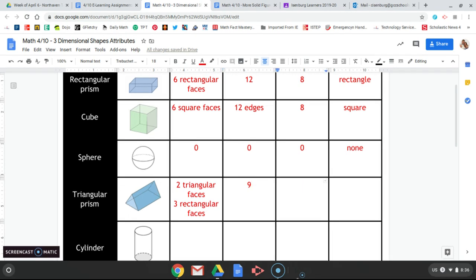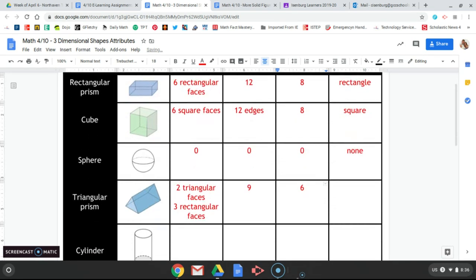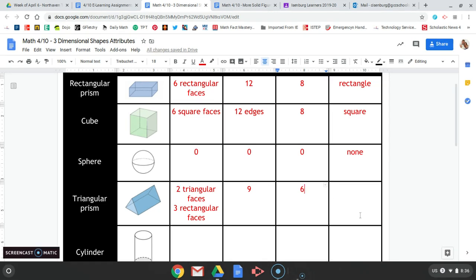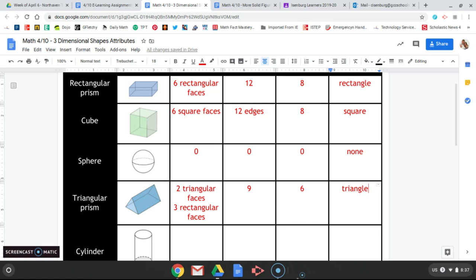There are 6 vertices. And then the base of a triangular prism, this one is sitting on its rectangular face. But I think technically, usually with the triangular prism, we say that the shape of the base is a triangle, because that's the whole reason that we call it a triangular prism.